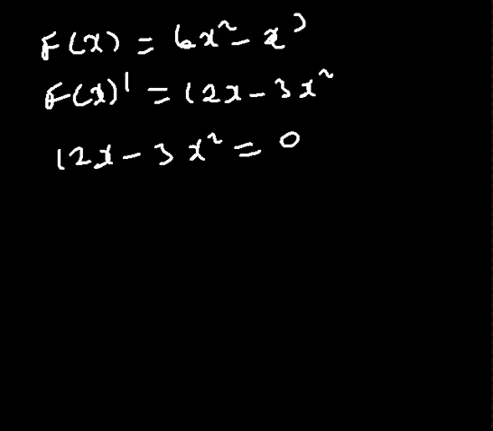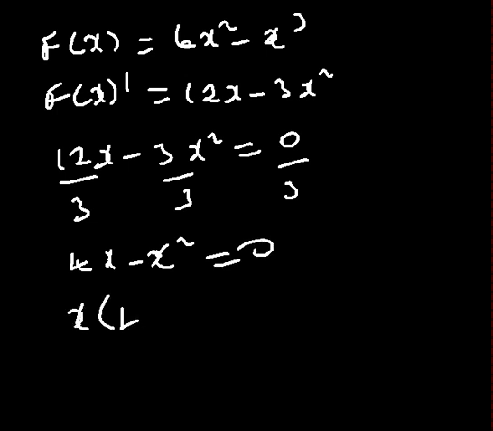and thus we can think of simplifying, and since we have the common factor, which is 3, this is 4x minus x squared is equal to 0. We'll factor out x, and we have x is equal to 0, and x is equal to 4.